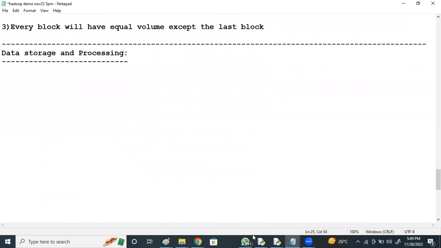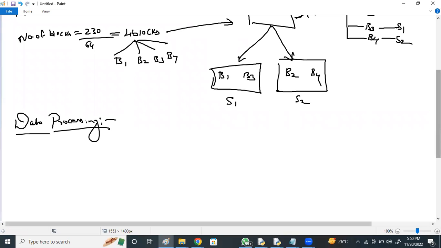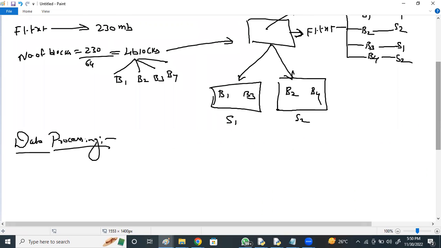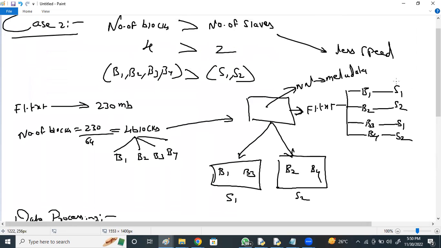Okay, so coming back to our discussion, this was data processing, right? Number of blocks and number of slaves.